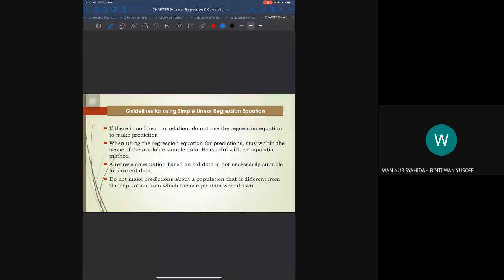So, guideline for using the simple linear regression equation. This is for the conditions where we cannot use the simple linear regression equation, or the multiple linear regression similarly.